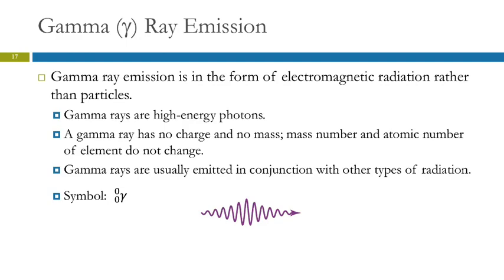Has no charge, no mass, and so the mass number and the atomic number of the parent nuclide doesn't change. Gamma rays are usually emitted along with other types of radiation. So it's got the symbol, the Greek letter gamma, 0 0. So just gamma ray emission is not going to change the parent nuclide, but it usually happens with other things.